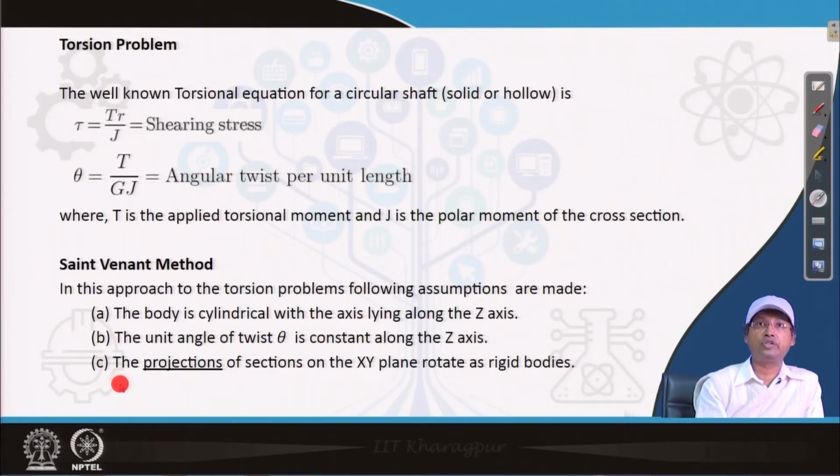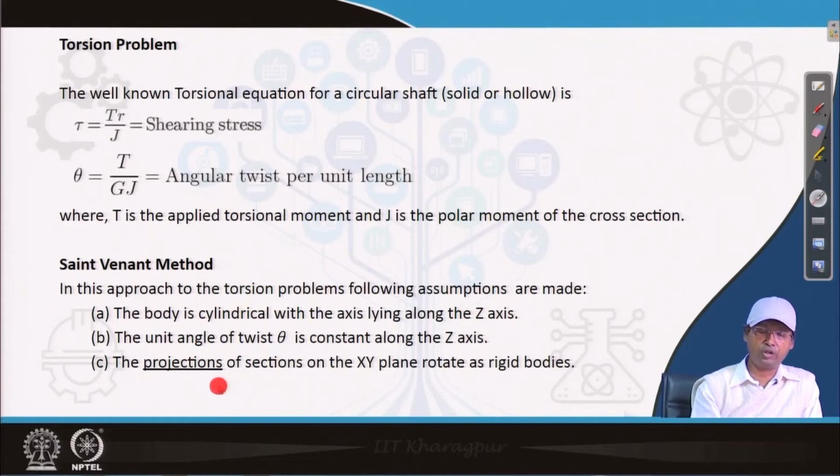Here comes the most important assumption. The projections of the cross sections on the xy plane rotate as rigid bodies. Earlier we did not use this term projections, we said that the sections on the xy plane rotate as rigid bodies. So, that is the difference.